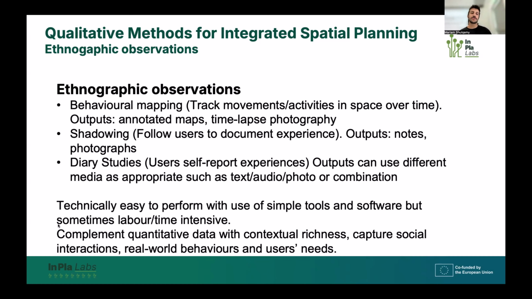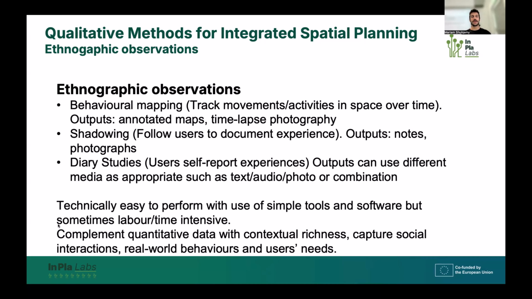So some examples include behavioral mapping, which means to track movements and activities in a space over time. The outputs of this process could include annotated maps or even time-lapse photography. Another method is shadowing.